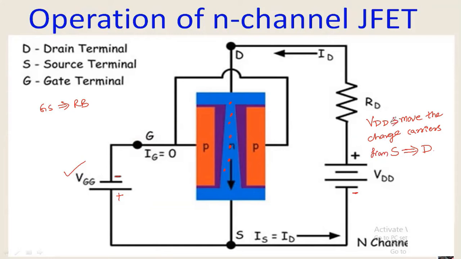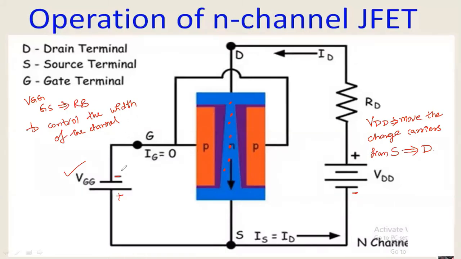So for that purpose, we connect the VDD. Next, coming to this VGG: it is connected so that the gate source junction is reverse bias. This is to control the width of the channel. To control the width of the channel, we reverse bias this particular gate source junction.